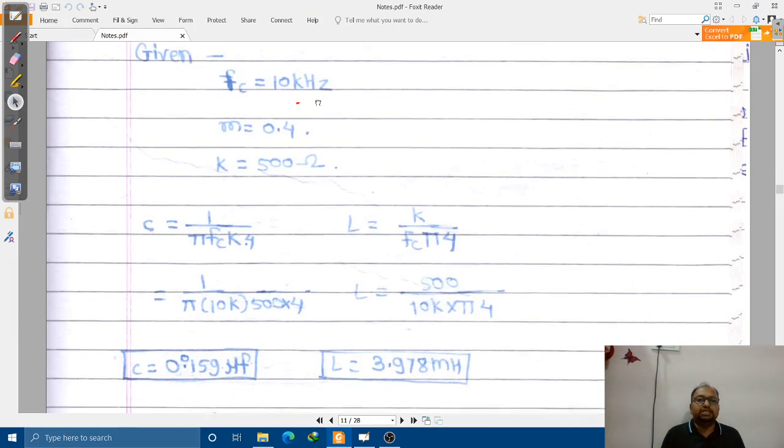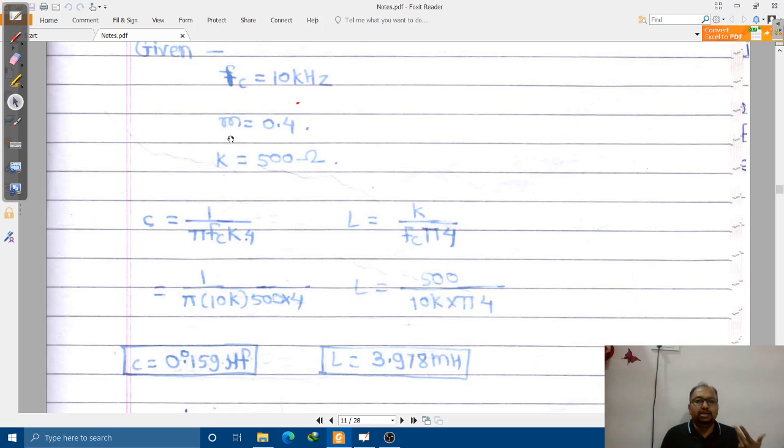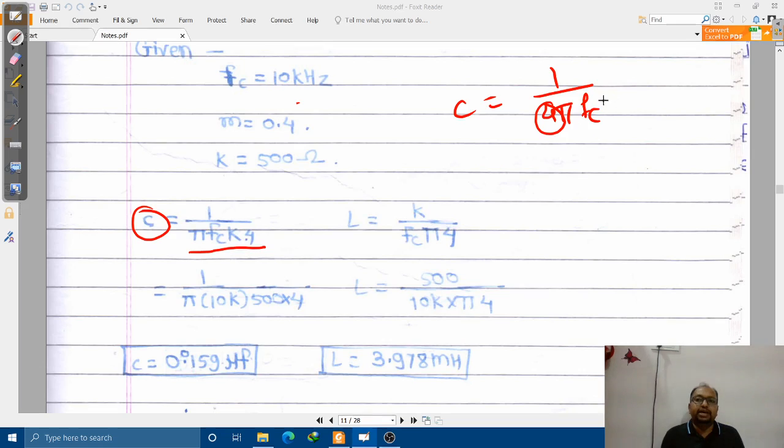So the given parameters are the cutoff frequency, and m is equal to 0.4. Then k is 500. So the requirement for our calculation of capacitor and inductor is only cutoff frequency and k. As I discussed just before this, the formula for capacitor has 4 extra in the denominator, right?